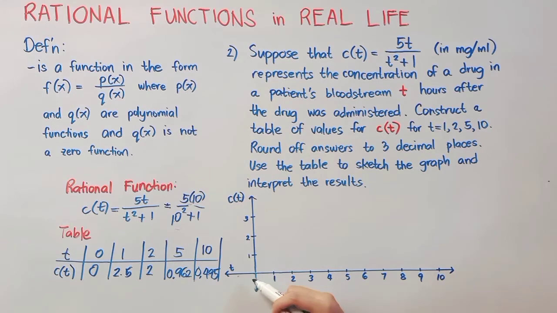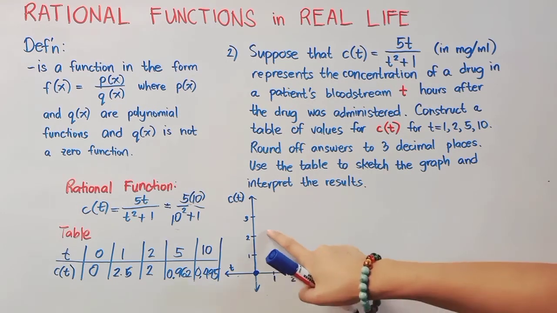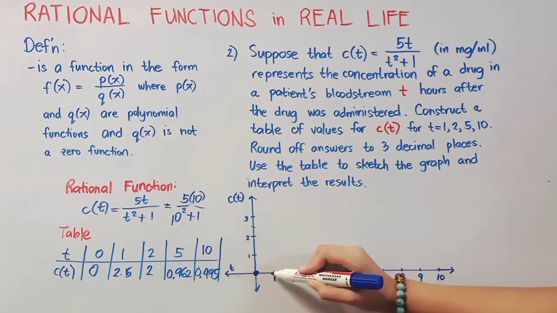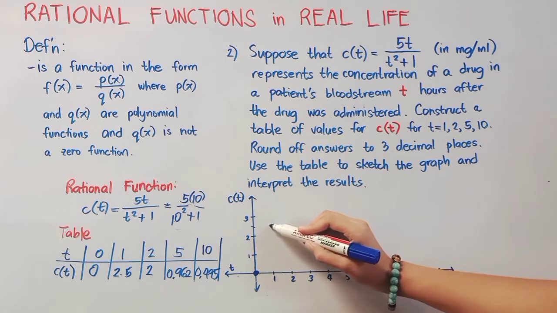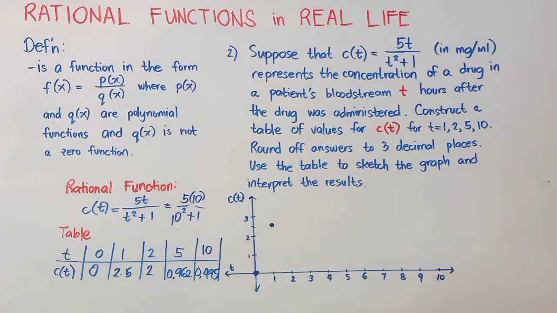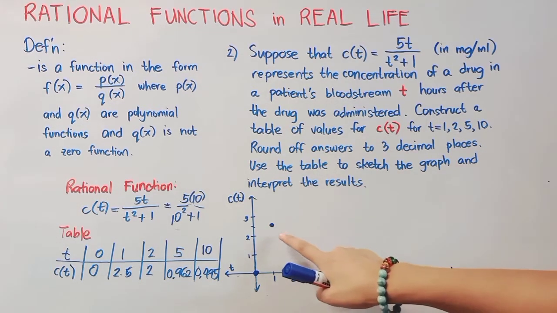Now from our table, we can graph. 0, 0 is this point. 1, 2.5 is this point, and then we have 2, 2 here.